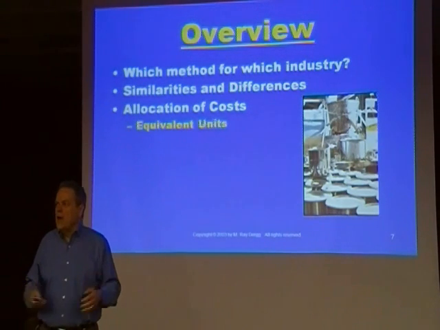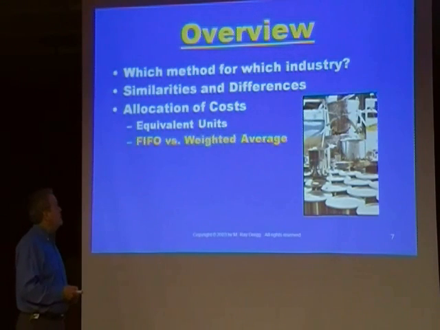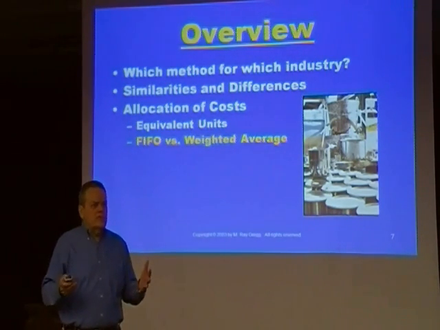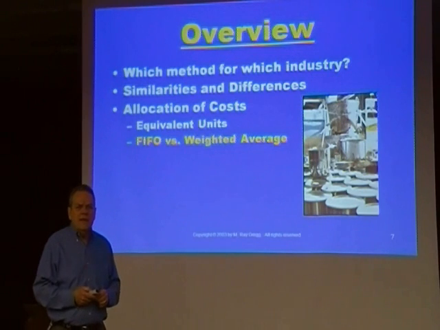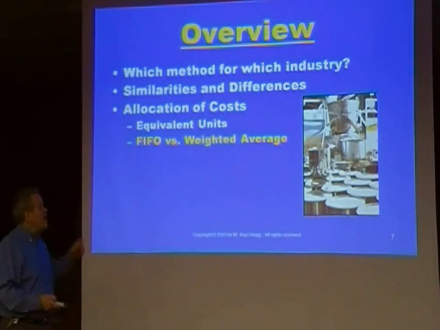To attempt to measure how hard we work, we're going to quantify our efforts in terms of equivalent units. There are two different subgroups, ways that we could account for this. One is called FIFO, and one is called the weighted average method. I'm going to spend 30 seconds or so in a few minutes about the differences between them.